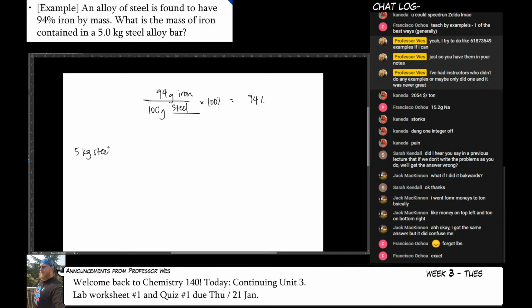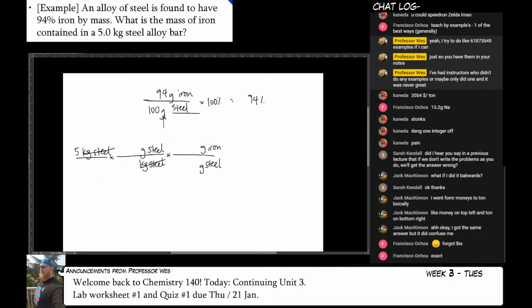5 kilograms of steel, you'll notice, oh, this is in grams, so I need to convert this to grams. So there we go. And now that I know how many grams of steel I have, I can say, okay, how many grams of steel? 94 grams of iron.